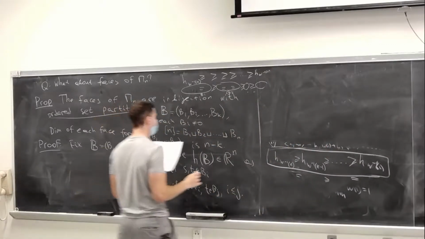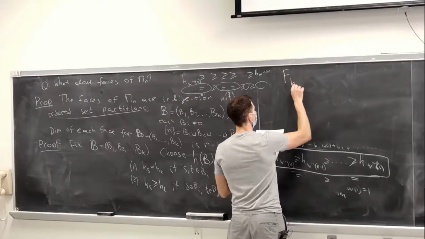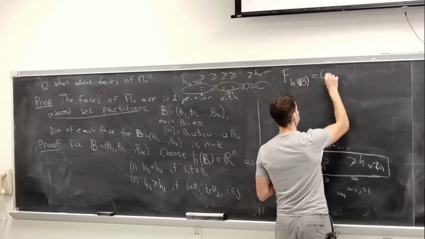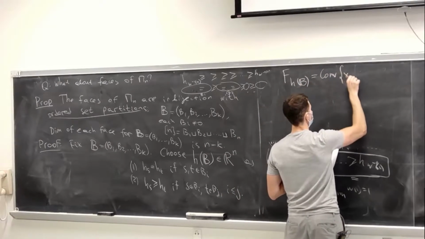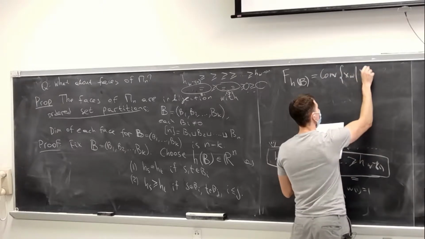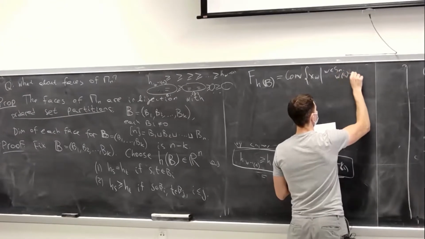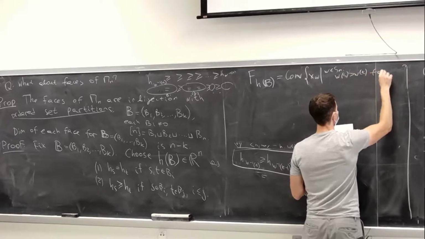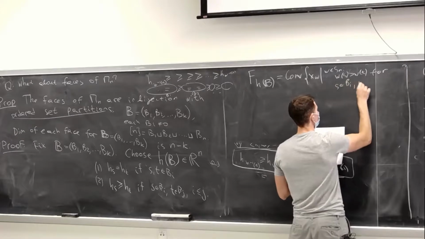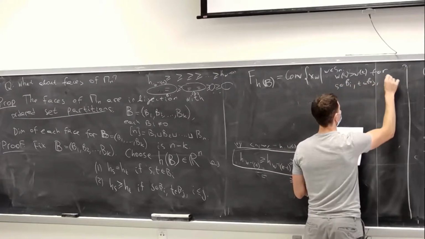For some proofs, I want to be at least slightly rigorous. F_h of B is the convex hull of all permutations x of w, where w satisfies w of s bigger than w of t for s in B_i, t in B_j, and i less than j.